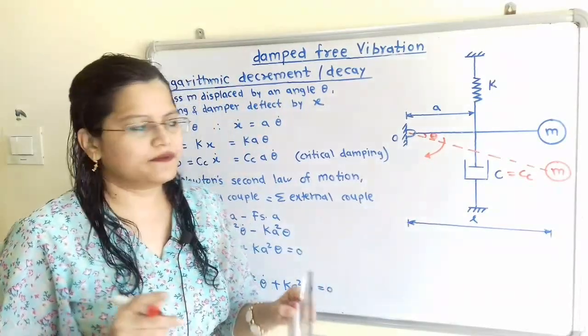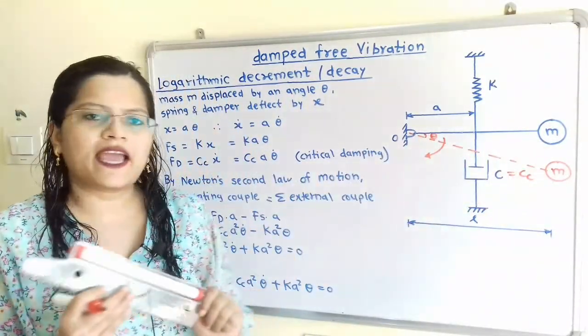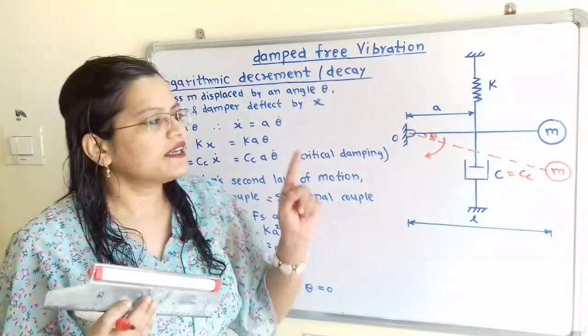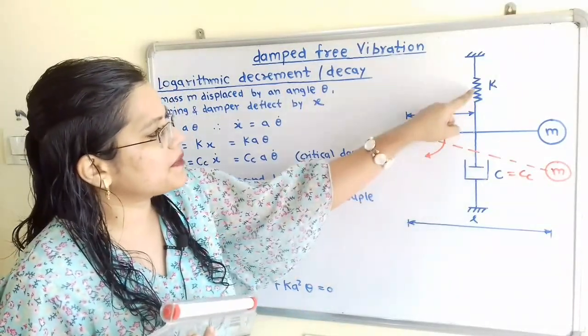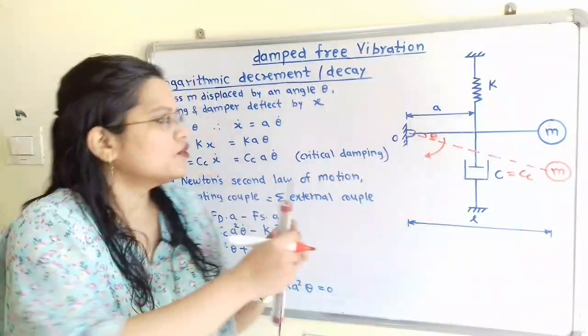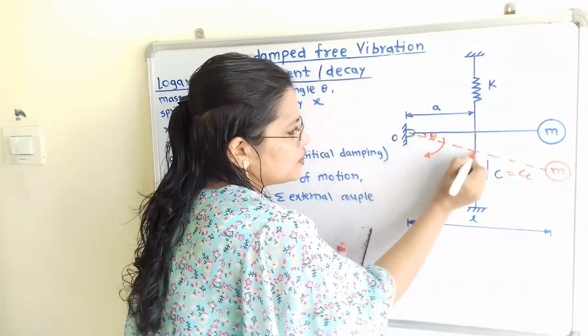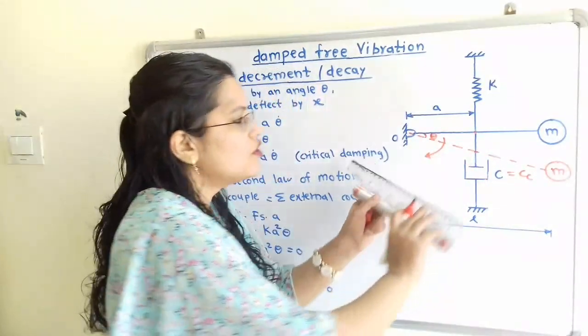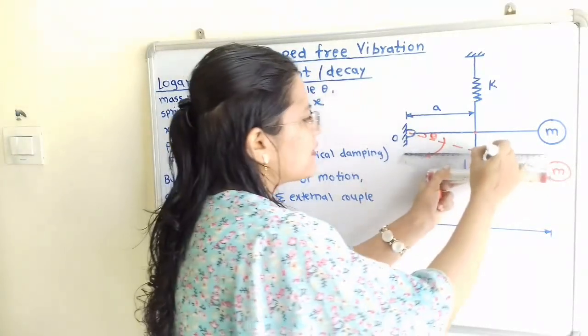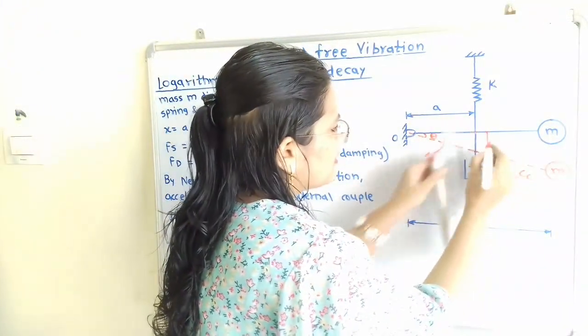clockwise direction. Now when this mass m is displaced through an angle theta, then there is also the displacement for this spring as well as for this damper, x. So we will consider this displacement. This is the original position and this is the final position. So linear displacement we will consider as x, and we have to show this in the diagram.